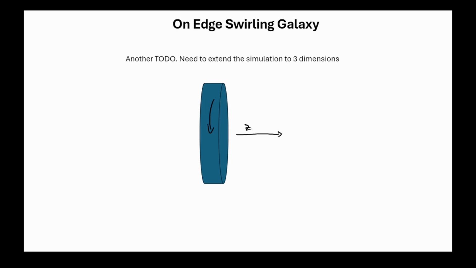And then another thing that I want to look at is what the distortions of light would be due to a galaxy. Like if we're looking at this side, this is an eyeball and some sort of source over here.